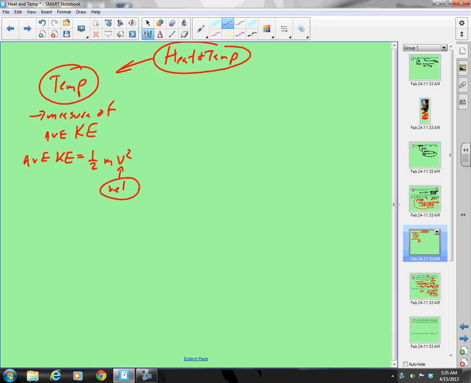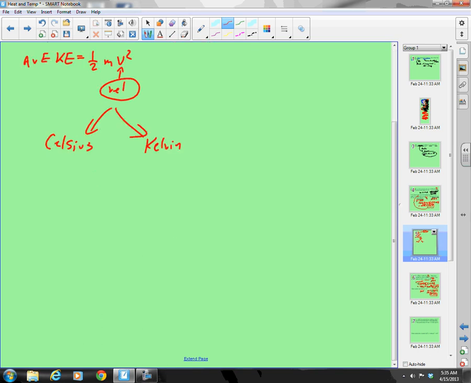And we have two scales of temp that we talk about. We talk about Celsius and Kelvin, and that the Celsius is based on the freezing point and boiling point of water, and that is 0 degrees Celsius is the freezing point of water, and 100 degrees Celsius is the boiling point of water, and that Kelvin is really based upon the motion of particles, and specifically that it is based on absolute zero.